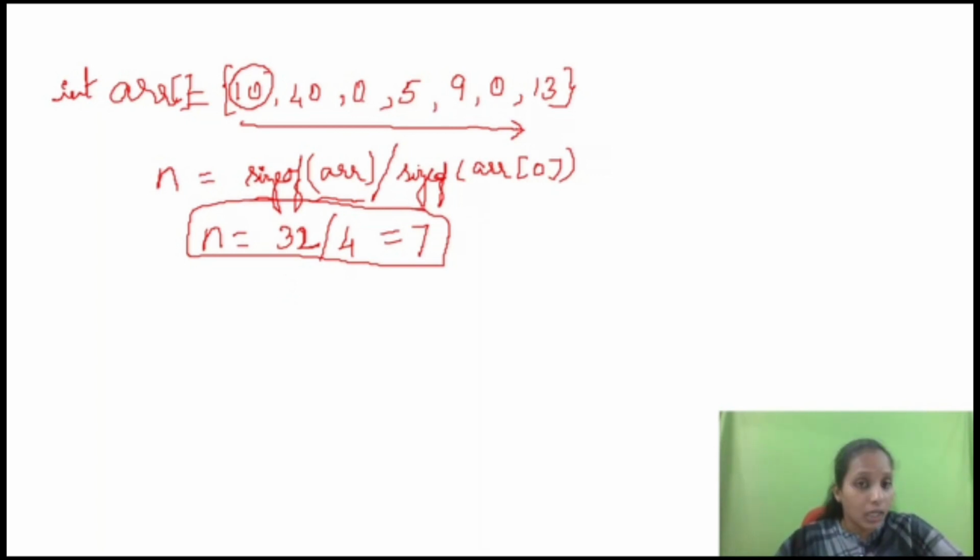If it is 0, you will not add it into the array. So 5 is added, next 9 is added, then 0 is skipped, then 13 is added. At the end, we check the size of the array against the counter value, and we replace the remainder with the number of zeros.